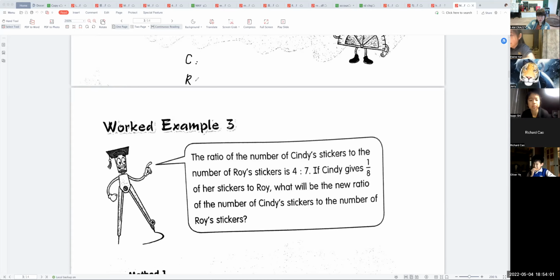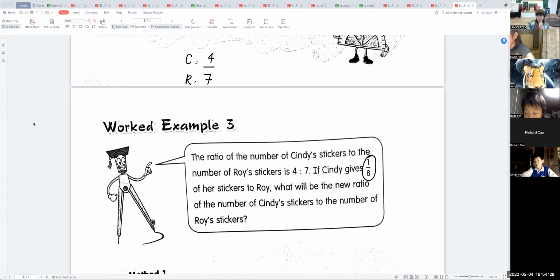The ratio of Cindy to Roy is 4:7, right? Is it possible that Cindy has 4 stickers and Roy has 7 stickers? Yes, but since Cindy gave Roy 1/8 of her stickers, it's impossible for her to give half a sticker.